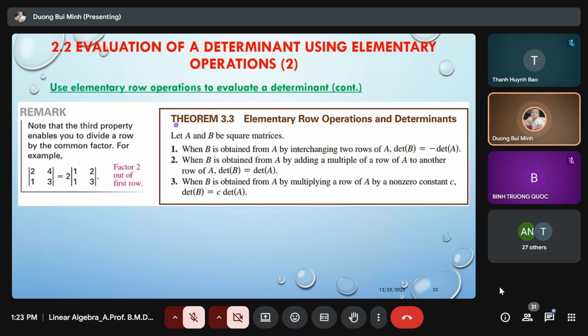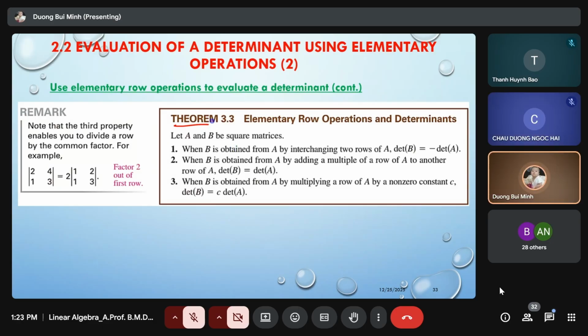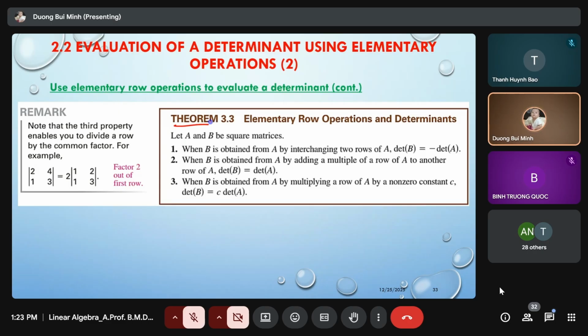Now we have the theorems. Of course, for a theorem we need to demonstrate it, but now we don't have more time, so we just accept the theorem. Let A and B be square matrices. If we want to calculate determinants, A and B must be square matrices.